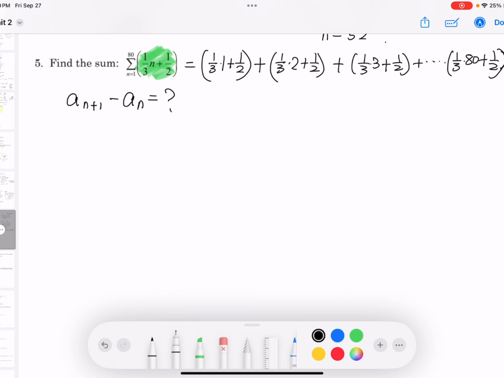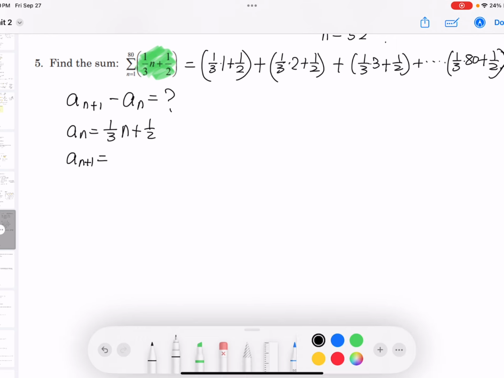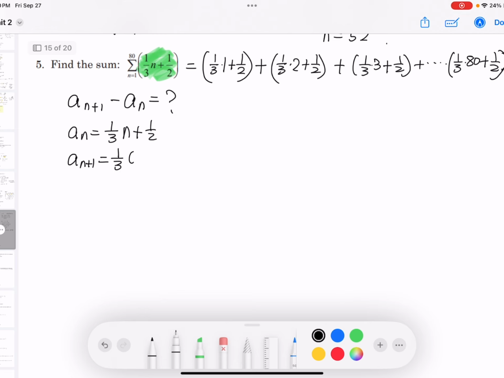So a sub n is equal to 1/3 n plus 1/2. What is a sub n plus 1? It's 1/3 times n plus 1, plus 1/2. Replace the n with n plus 1.